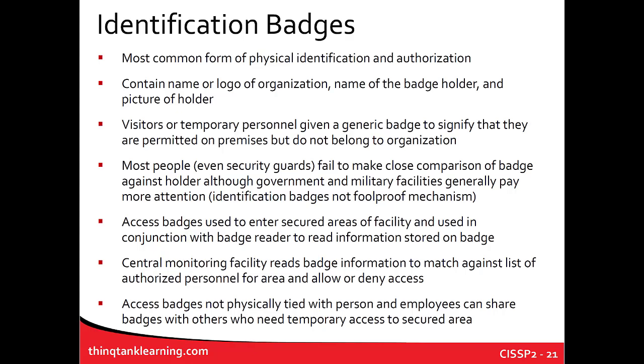It gives us a visual ID and a mechanism for allowing access into secure facilities, right? So again, standard components: the organization's name, company name, logo, whatever it might be. You'll have the holder's name, their photo, right? That gives you that kind of visual identity confirmation.